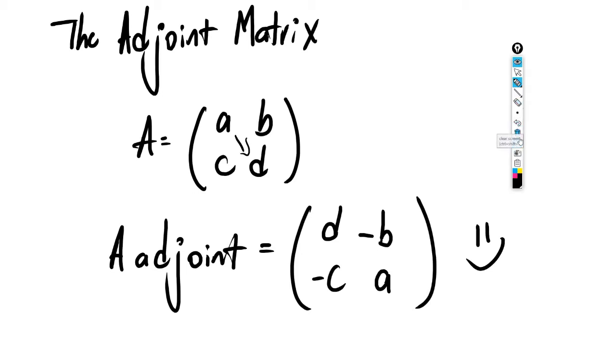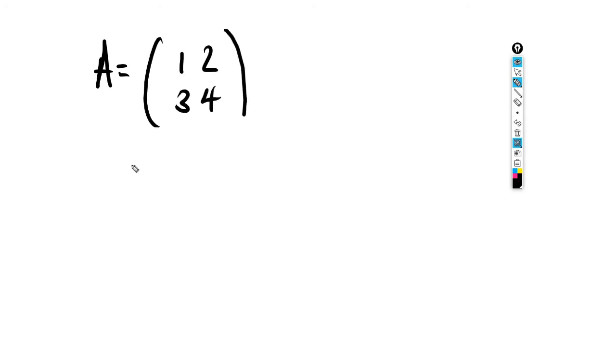Let's use some real life examples. Let's say A is equal to 1, 2, 3, 4, my lovely easy example here. Let's find A adjoint.